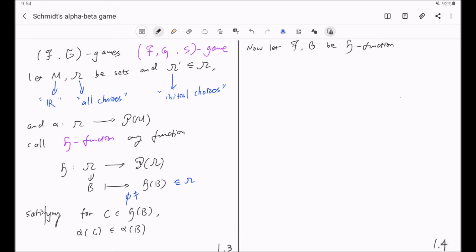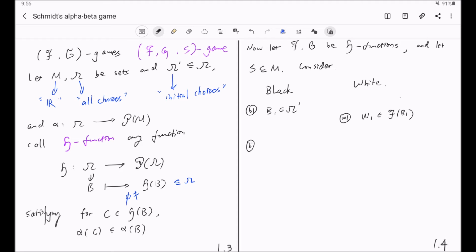Now let F and G be two H functions, and let S be contained in M, and consider the following game of two players. Call them black and white, as before. Remember, omega prime corresponds to initial choices, and black chooses B1 in omega prime. White will choose W1 in script F of B1 correspondingly.